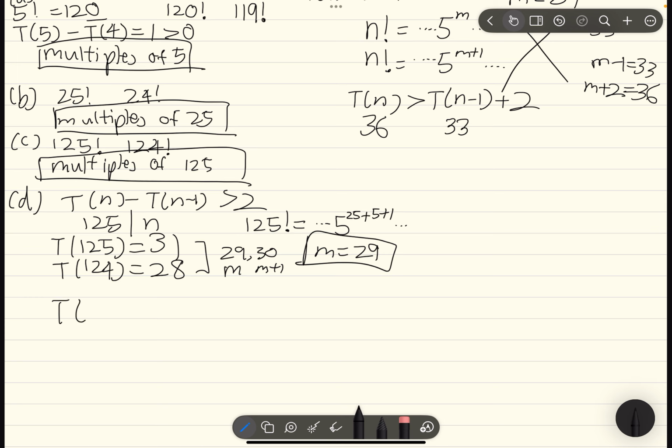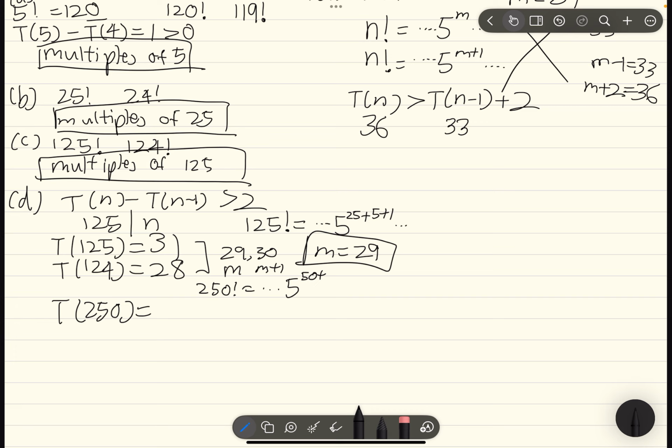Right? Other values then. T250. Okay, so 250 factorial has 5 to the power of, so again, how many numbers from 1 to 250 have one factor of 5 in them, right? Well, all the multiples of 5. So there are a total of 50 multiples of 5, right? What about 5 squared then? These numbers that are multiples of 25 have a second factor of 5.